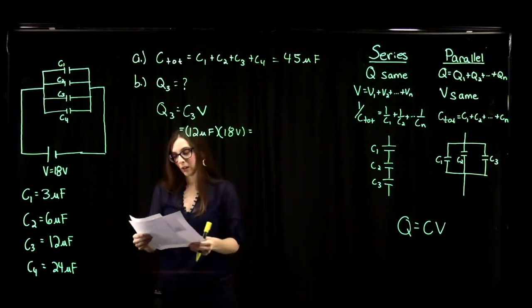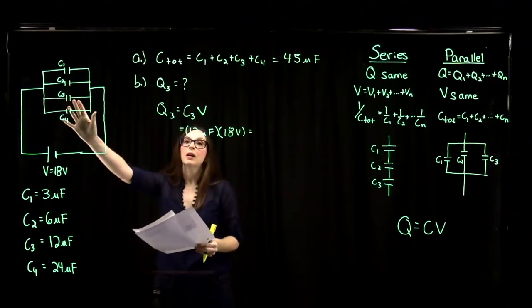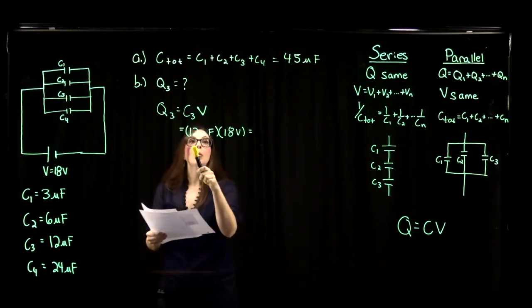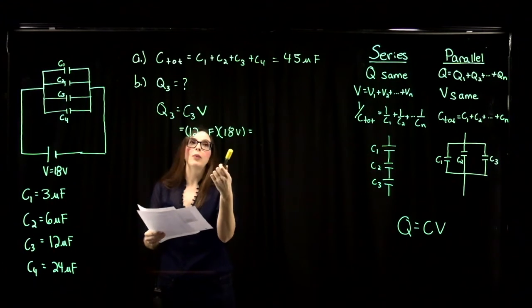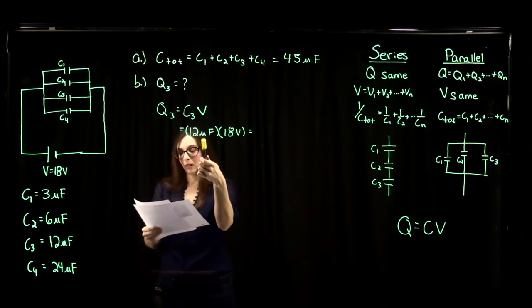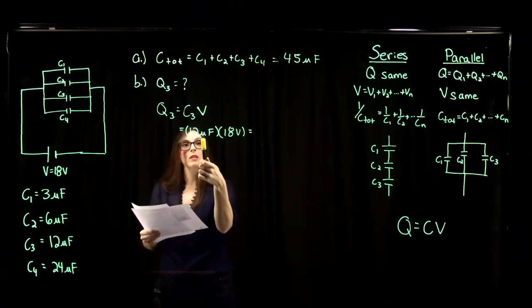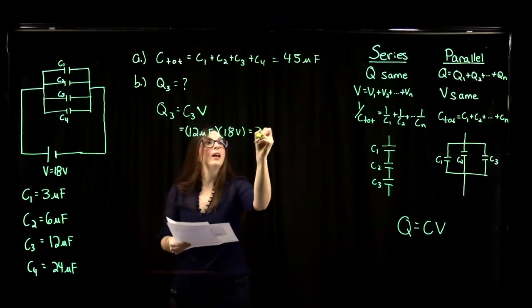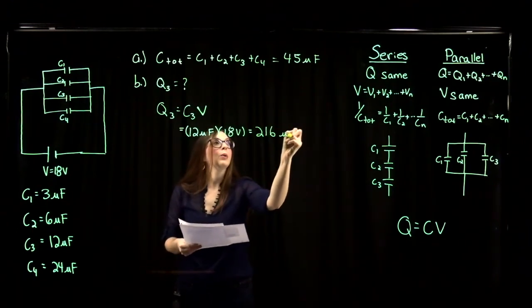Then the charge on our third capacitor is, so we could write this in units of regular farads. But if we take a microfarad times a volt, we will get a unit of microcoulombs.